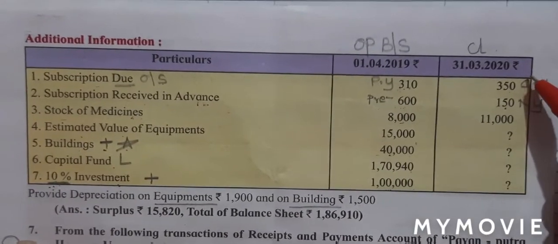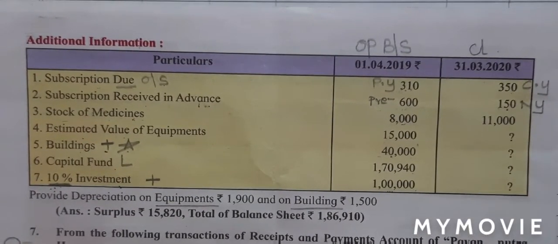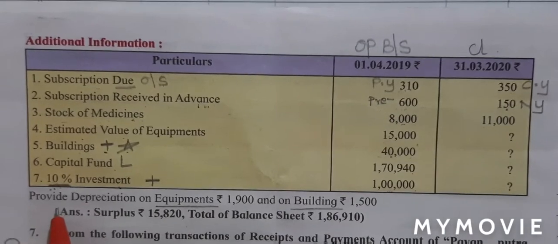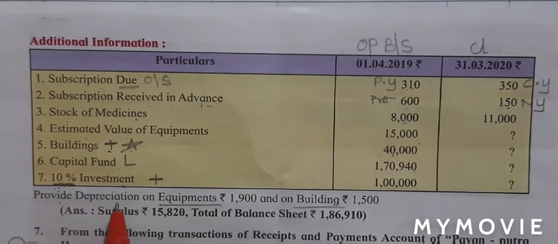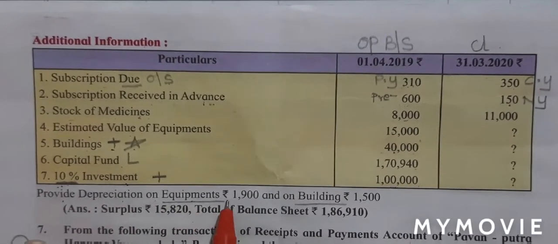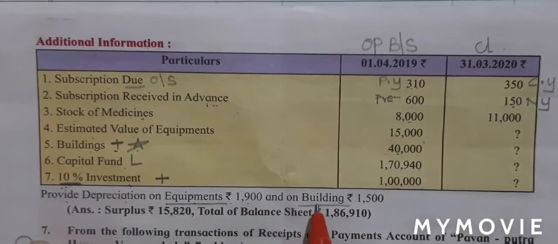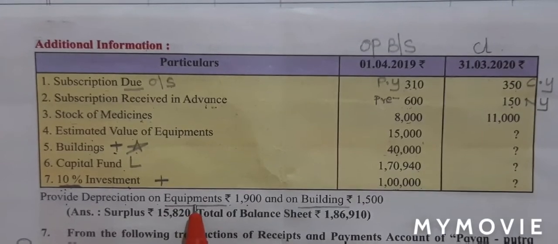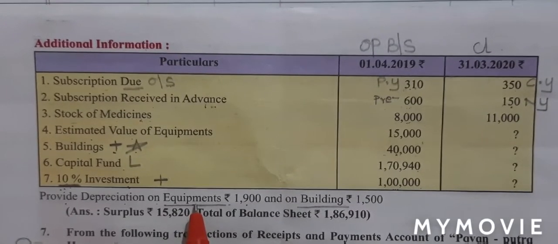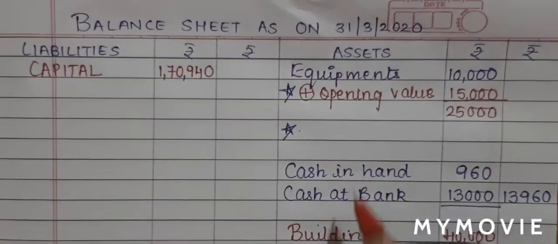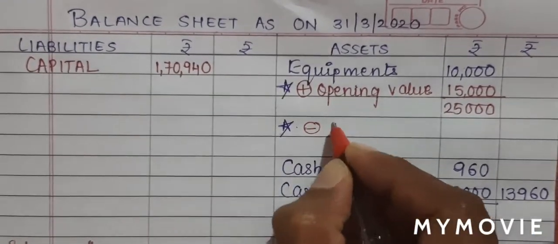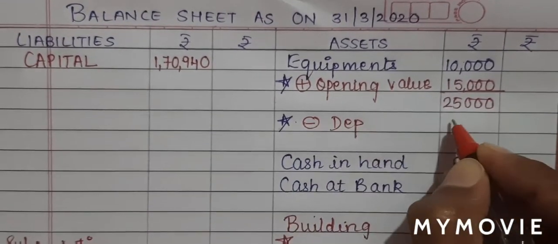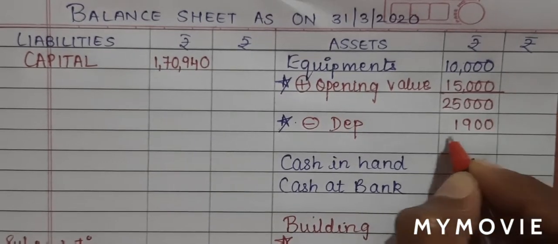With this, students, we have completed the table, but we still have some information given. So let's complete that. Provide depreciation on equipment rupees 1,900 and building rupees 1,500. So we will first do depreciation on equipment. Let's do the first effect. So on the equipment side, I'll say less depreciation 1,900.